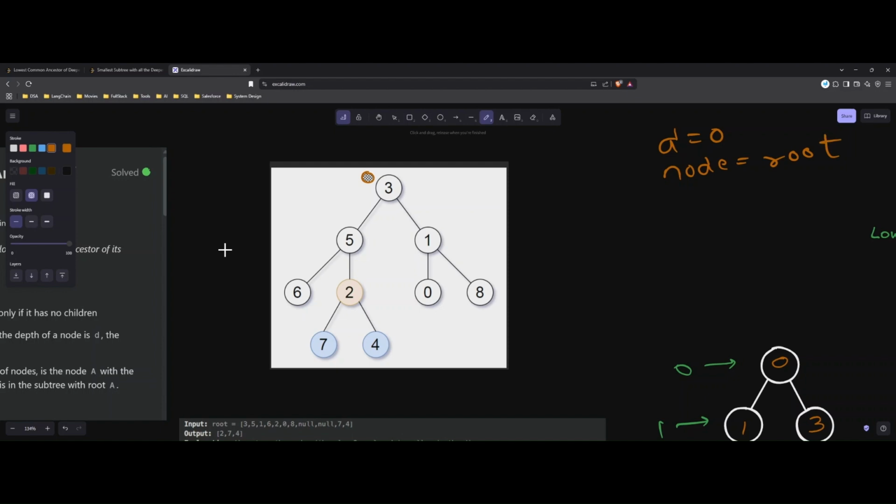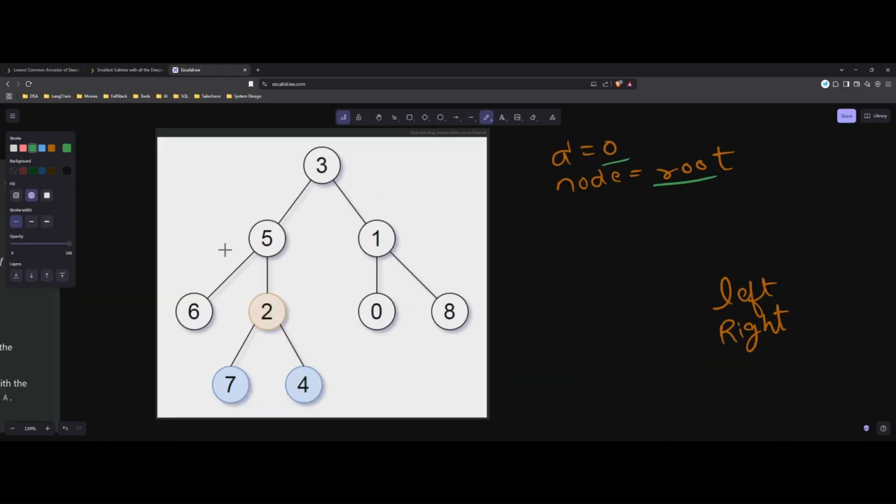So this is the 0th depth. We'll move to the next element and check whether we have any left or right. First we move to the left, then to the right. Our depth is currently 0 because the root depth is 0.